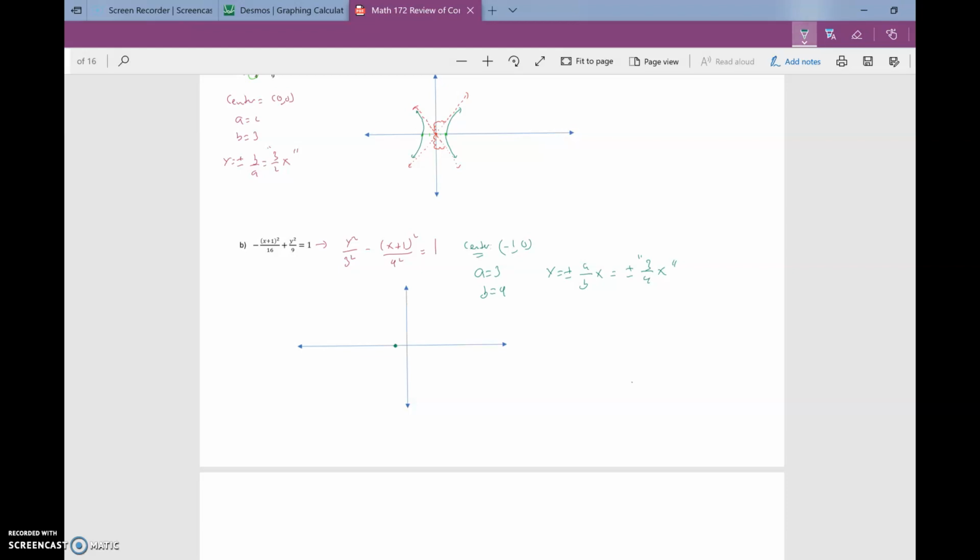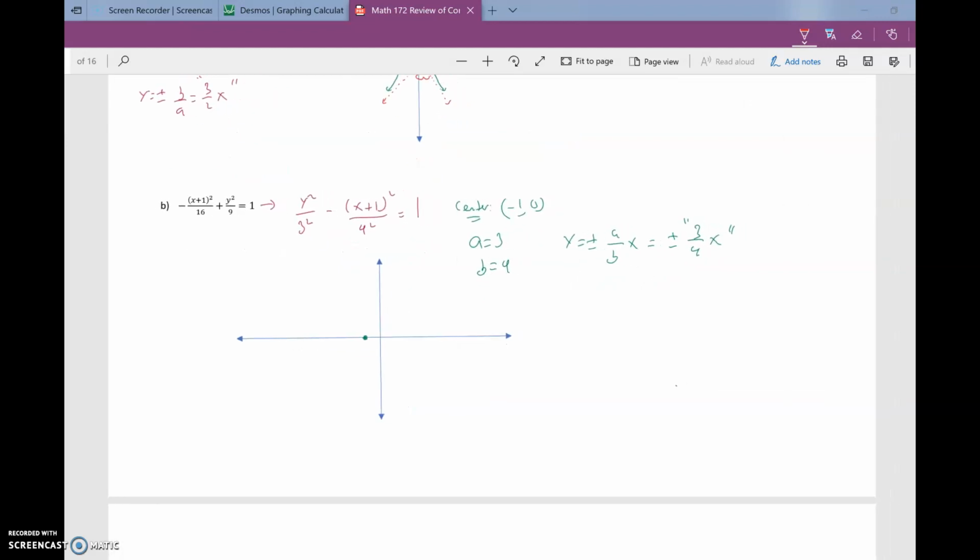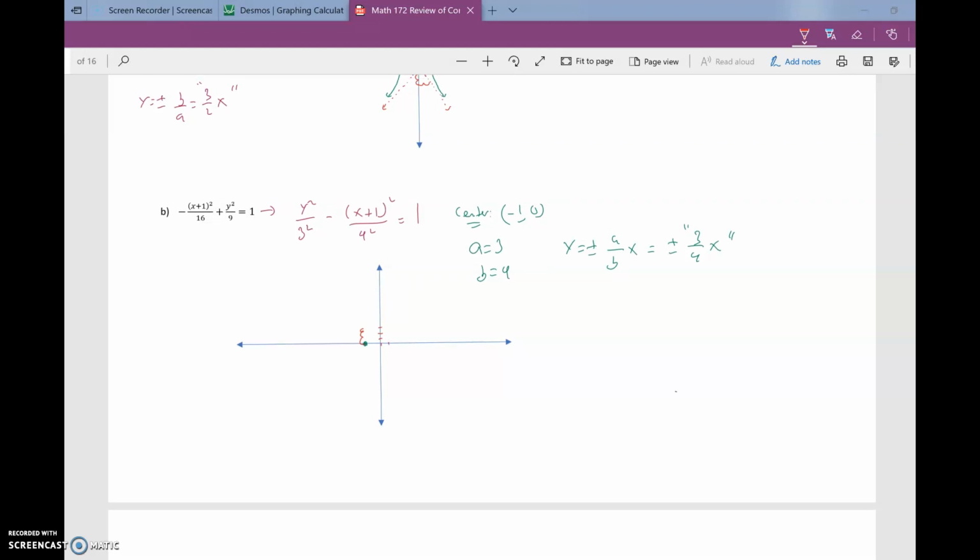Okay, so from the actual center, which is at -1, 0, we're going to go 3 units up. This is 1, 2, 3. And then 4 units to the right. So this is at -1, 1, 2, 3, 4.